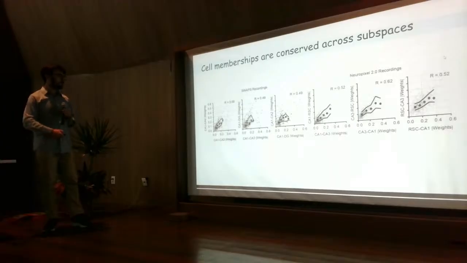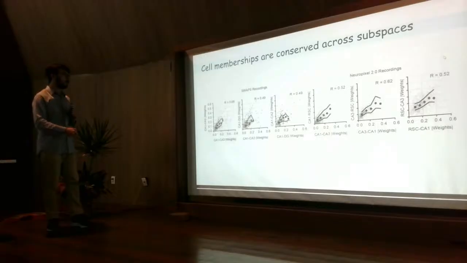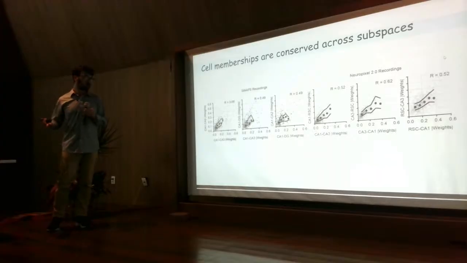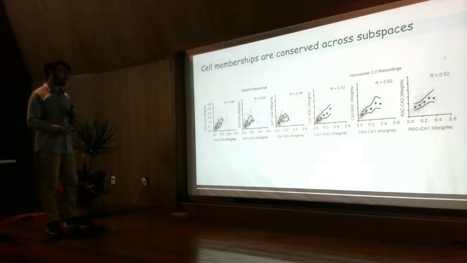The idea is that each one of these dots is a single neuron weight, and for the neurons in CA1 we will try to relate, for instance, the absolute magnitude of the weights between the CA1 subspace with CA2, and how they are related to the CA1 weights with the subspace related to CA3. So meaning two areas that project together. Or, for instance, we have here how the weights of CA1 related to the inputs and the CA1 related to the outputs are related.